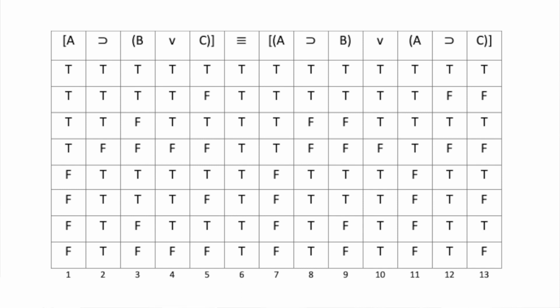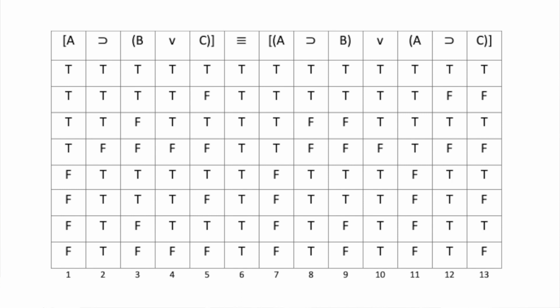The second smallest are the operators that are inside the brackets, and they are represented by columns 2 and 10. And finally, the main connective is the triple bar, because the sentence is a biconditional, and that is in column 6.